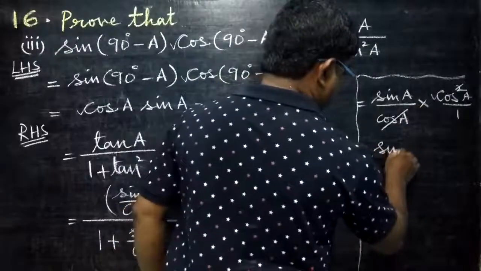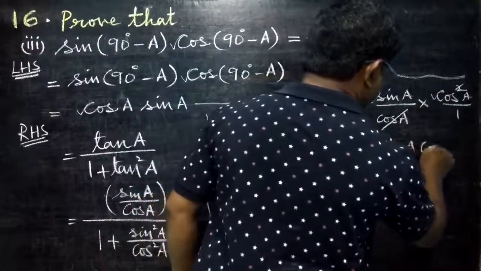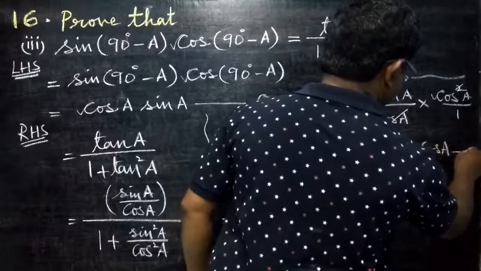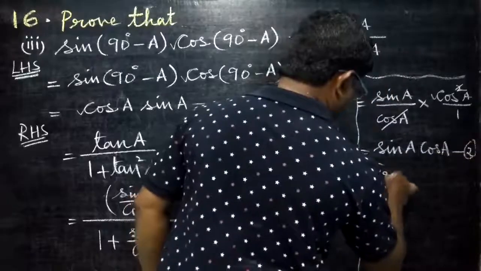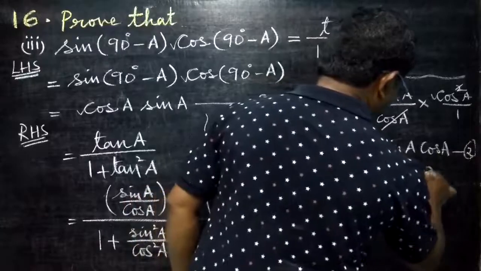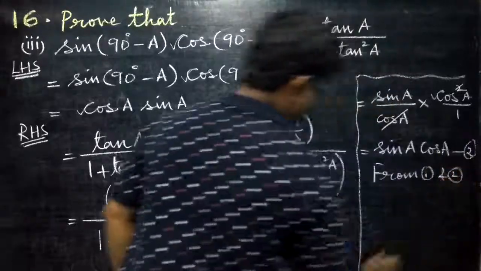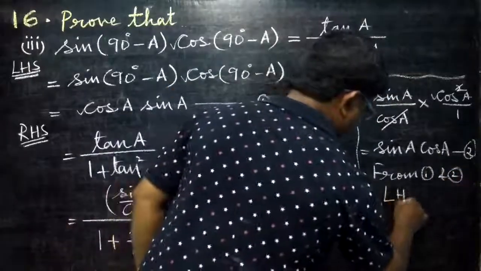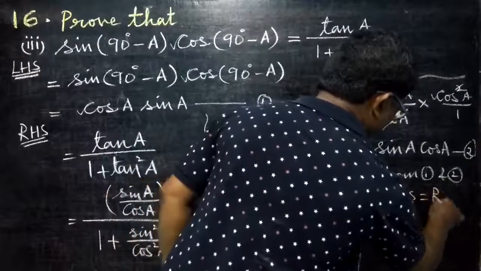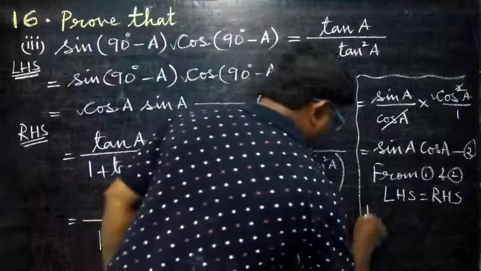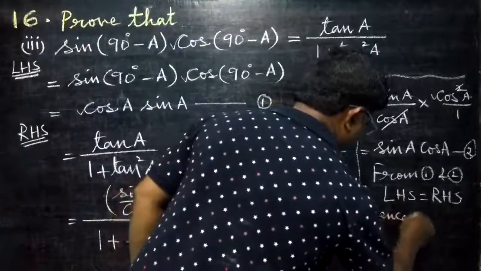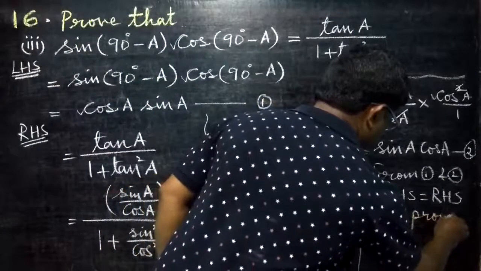Here also we got the answer as sin A into cos A. This is equation number 2. So from 1 and 2, LHS is equal to RHS. Same answer we got. The LHS answer and the RHS answer are the same. So hence proved.